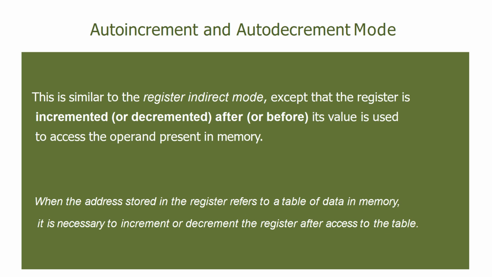Auto increment and auto decrement mode. This is similar to the register indirect mode, except that the register is incremented or decremented after or before its value is used to access the operand present in the memory. So we can see an example here.